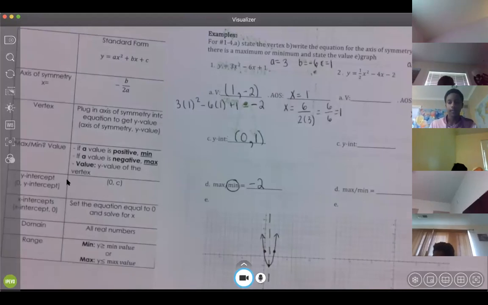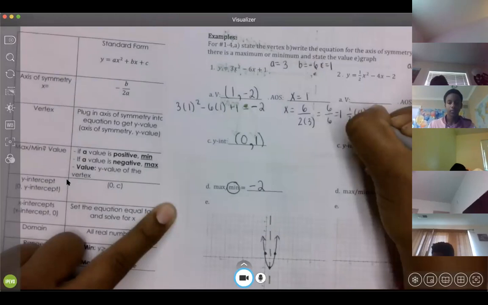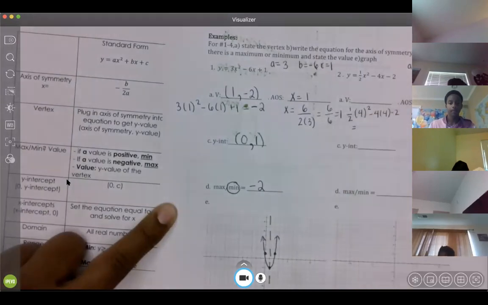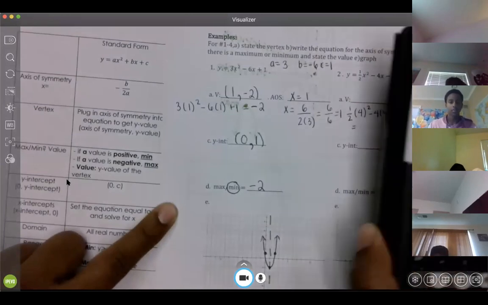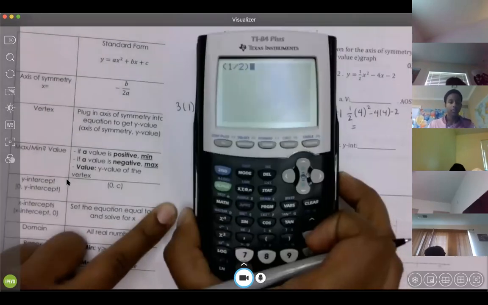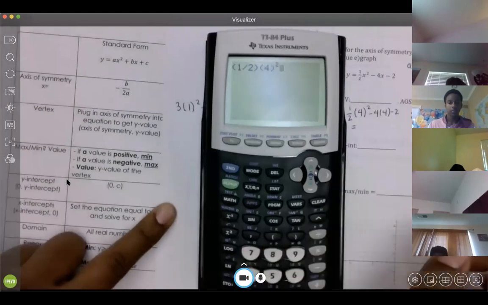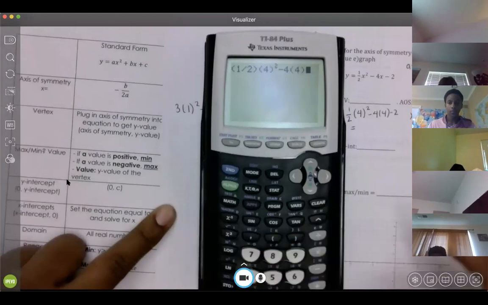All right, so we've got 1/2 4 squared minus 4 times 4 minus 2. So we're going to plug that into our calculator. Parentheses 1 divided by 2, parentheses 4 squared, minus 4 parentheses 4, minus 2.